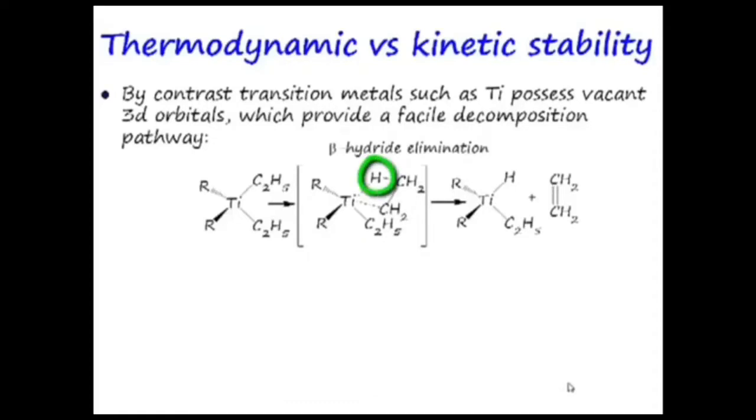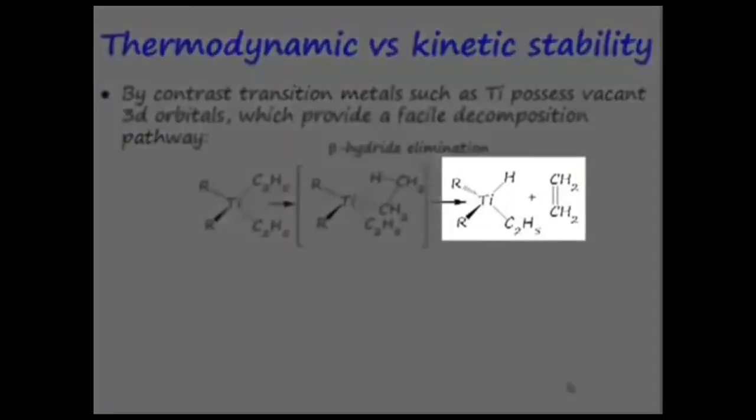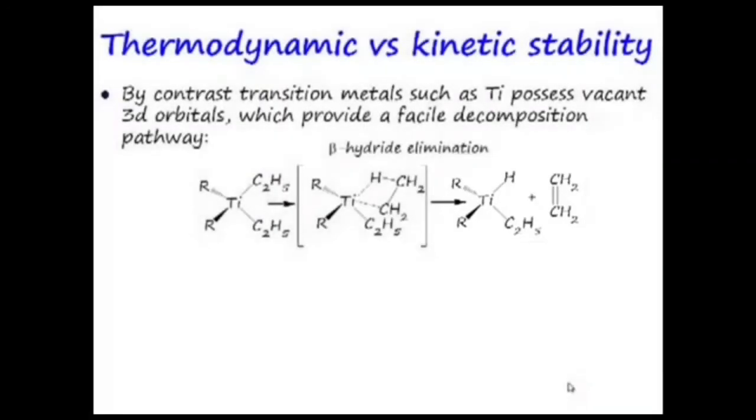The next step is more than coordination: the beta hydrogen actually migrates to the transition metal center, forming a new titanium hydride bond and liberating an equivalent of alkene. So the first step in the decomposition of these titanium alkyls is the formation of a titanium hydride and an equivalent of alkene.